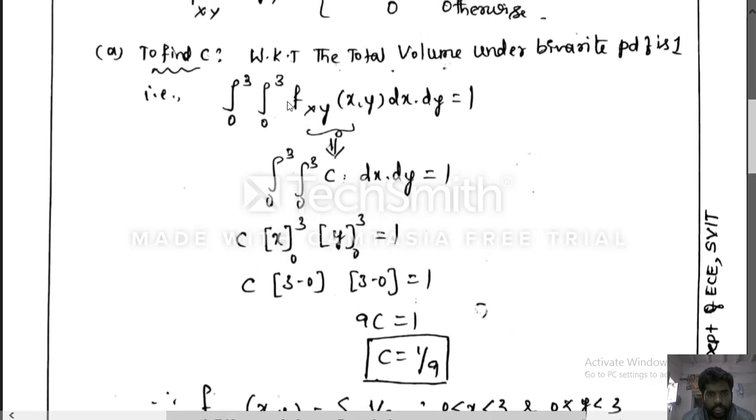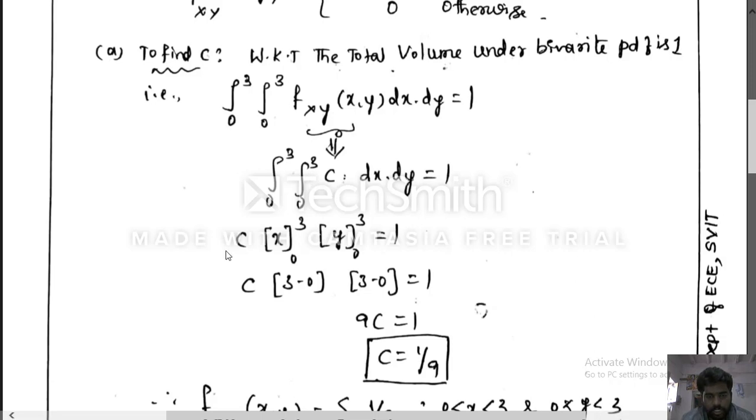Now the given joint PDF limits is x is varying from 0 to 3, y also varying from 0 to 3. Therefore the total volume under the PDF curve is a double integral within the limits 0 to 3 of the given PDF. So this volume is always equal to 1. From the given data, the joint PDF is equal to c for the given limits of x and y.